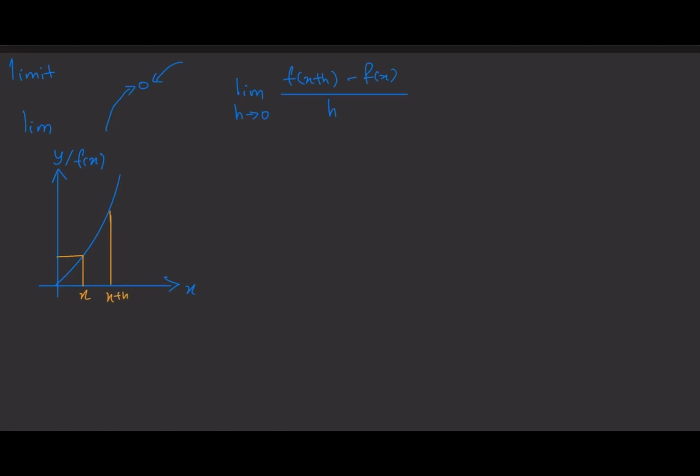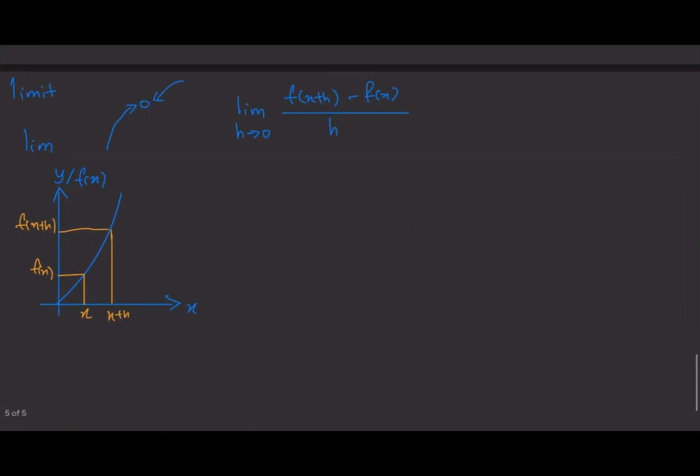And here is f of x, and here f of x plus h. Now, can you imagine that as h slowly becomes 0, it goes from here all the way to here? It's not totally 0, where it's back to this point, but very, very close to this point. Then you will get a very accurate tangent line, right?